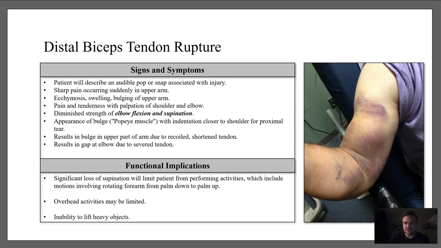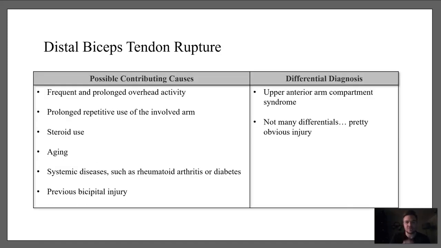So the differential here, on the right side of your screen, is not very hard. Not many differentials that have this presentation, but maybe upper anterior arm compartment syndrome.